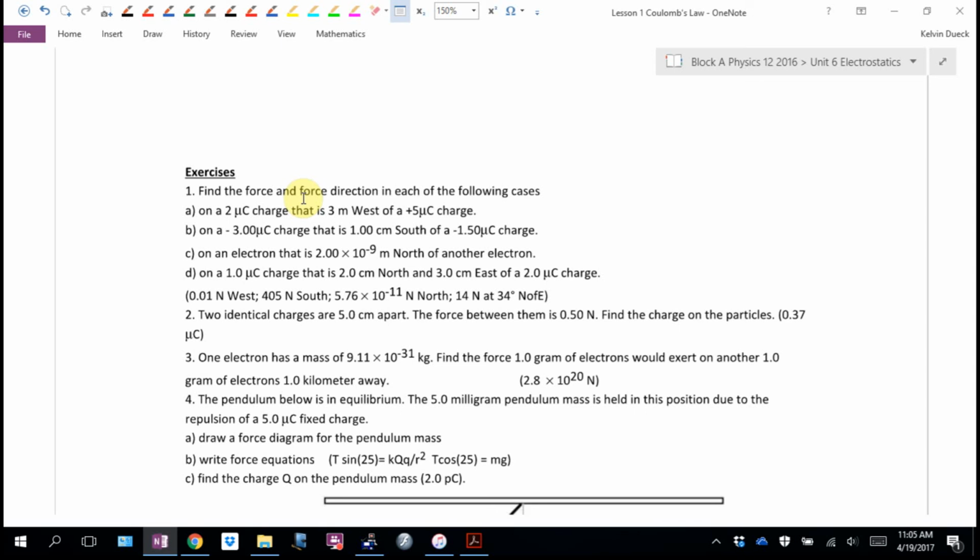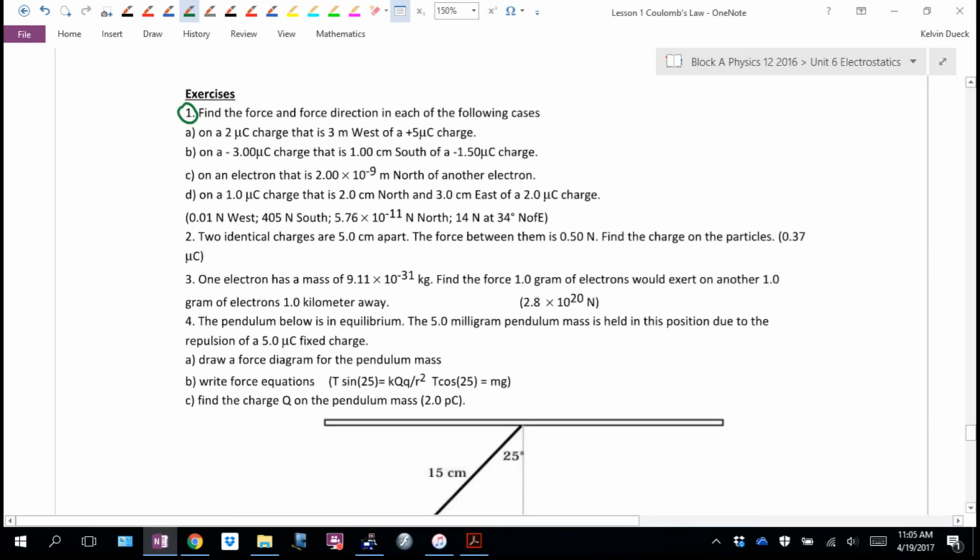So, questions from the homework for you to work on. Number 1 is good. Two is good.